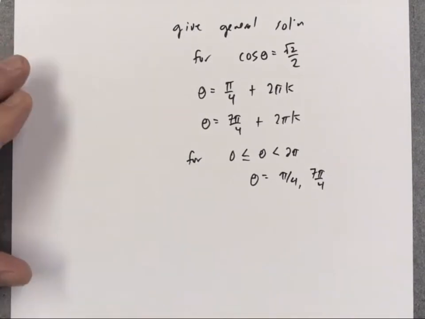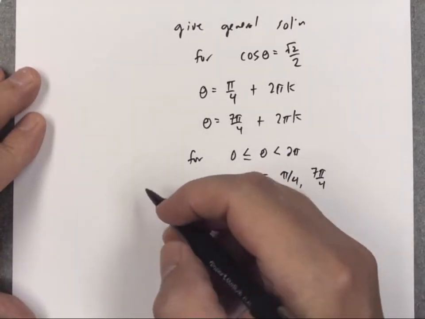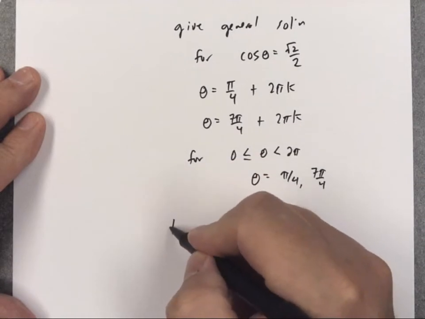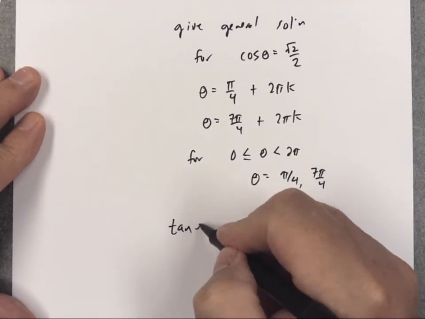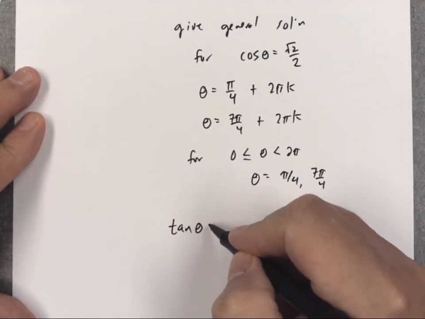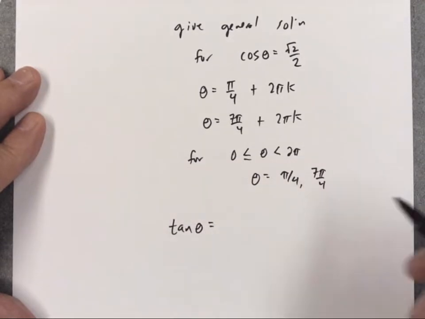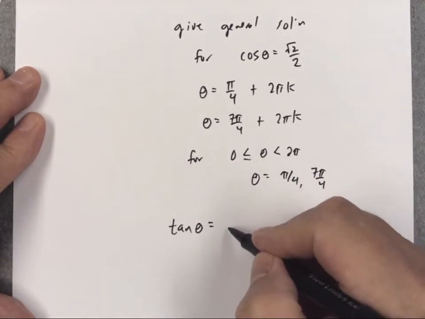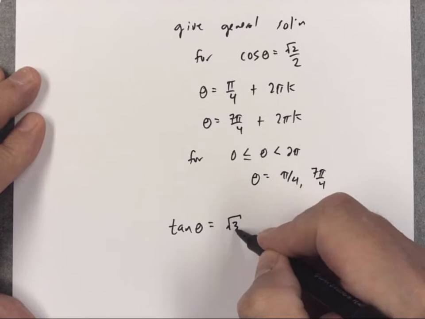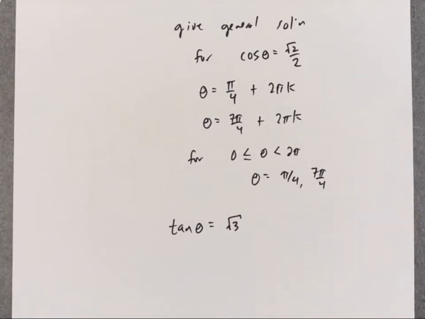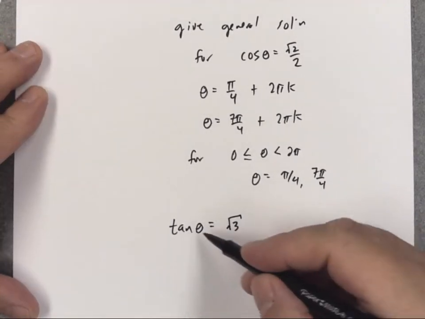Now let me do one little bit of a twist. How about they may give you an equation for the tangent. How about they want you to solve this: tangent of theta equals square root of 3. Now this is a little tricky on two fronts. First front is to find tangents.